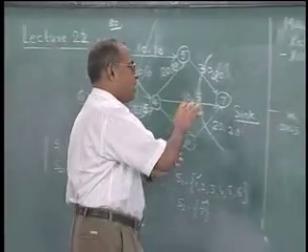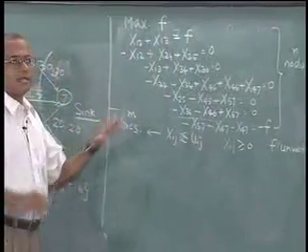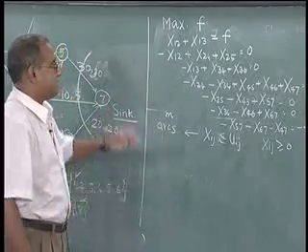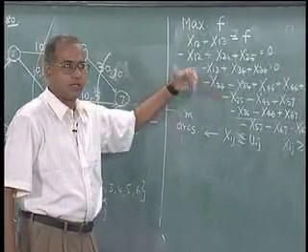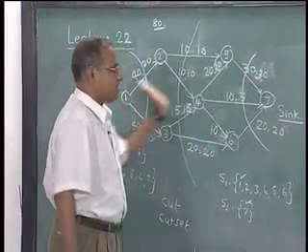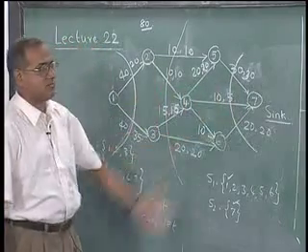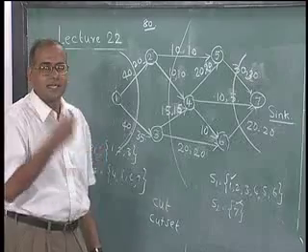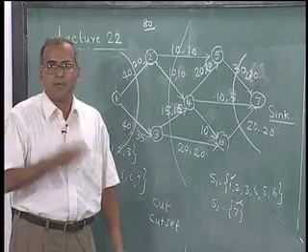So, if the flow augmenting path algorithm is able to get the flows in such a manner that no more flow augmenting path is possible, then we have exhausted all the possible flows, which means we have solved the max flow problem, and we have also got the value of the min cut that is associated with the max flow.